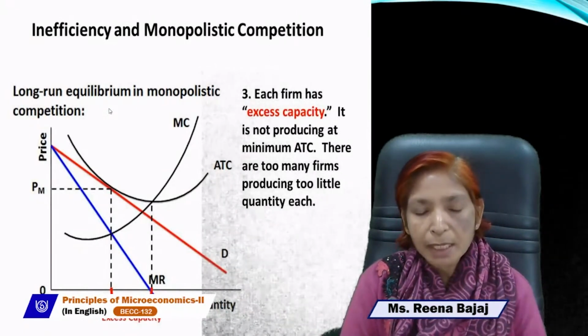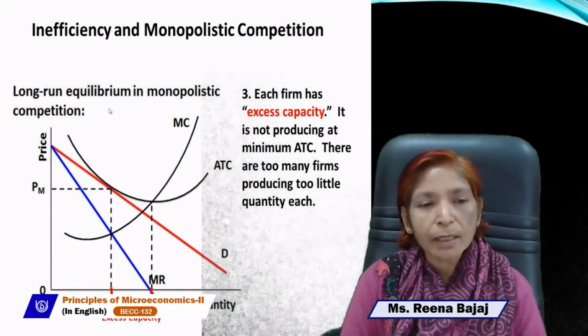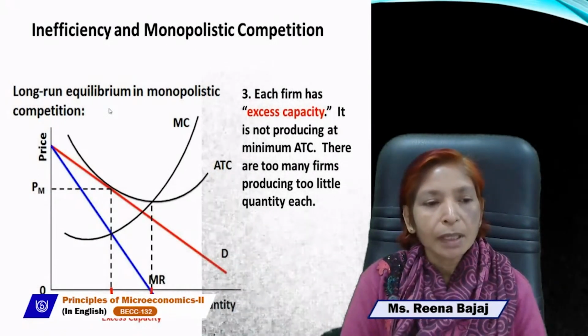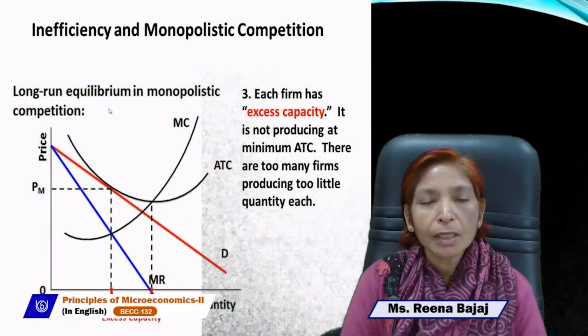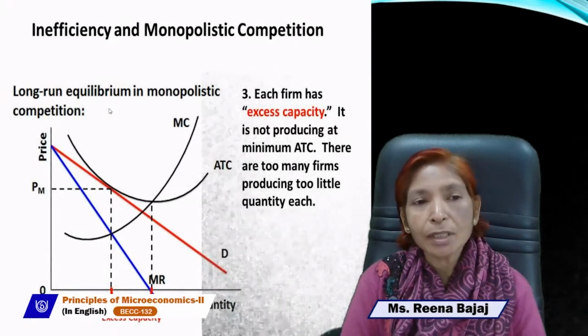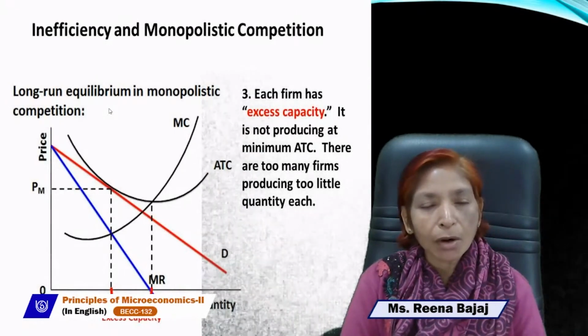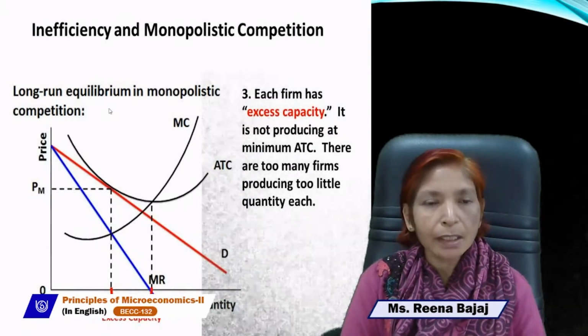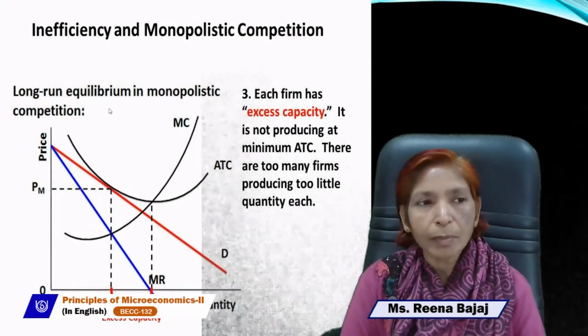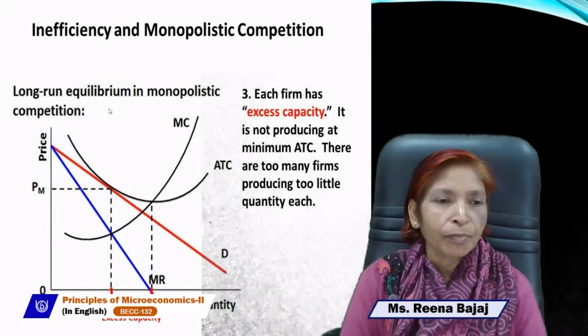A monopoly market is a price maker, and those markets which determine their price themselves are always called inefficient markets. Why are these markets inefficient? Because resources are not allocated efficiently in a monopoly market, and the same in a monopolistic competition market.